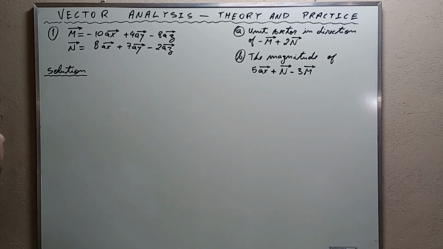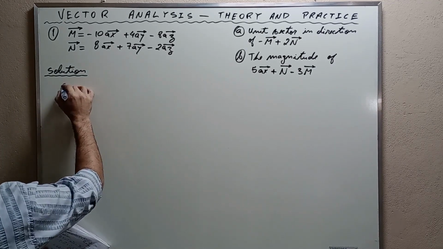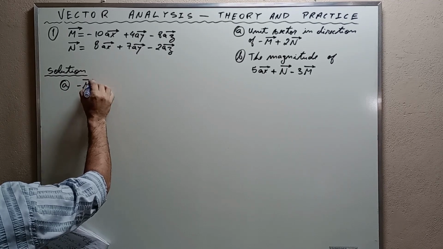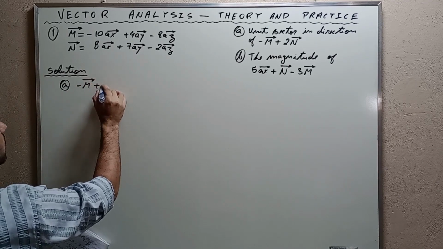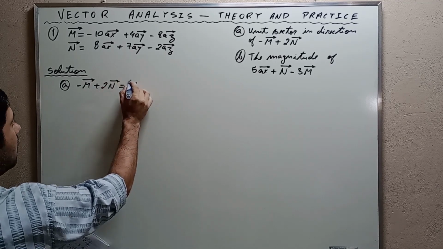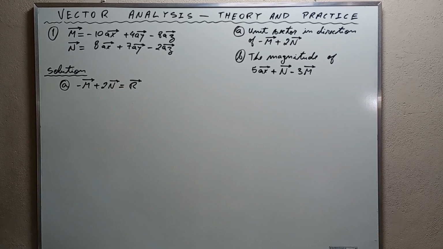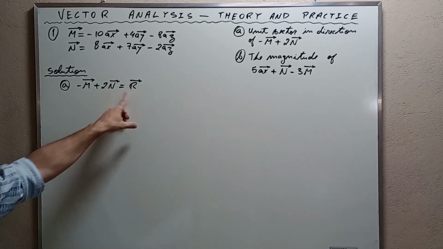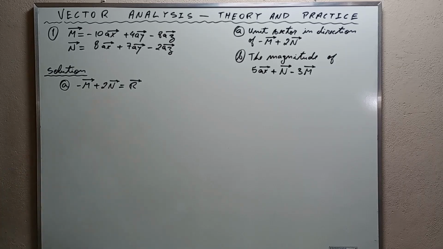Firstly, let's call negative m plus 2n r. Okay? What do we want to find? We want to find a unit vector in the direction of r, which is negative m plus 2n. How do we find a unit vector in the direction of a vector?